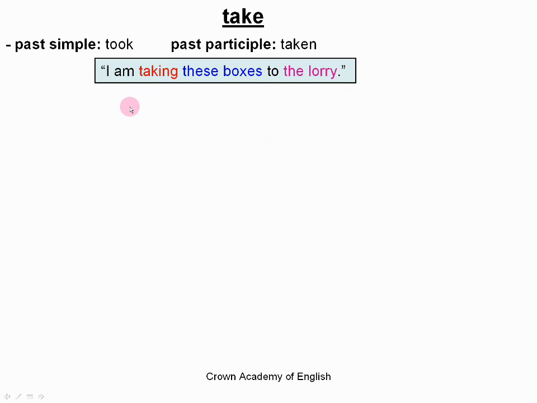Here is the example sentence: I am taking these boxes to the lorry. The structure is the verb take, then the object, then the word to, and then the indirect object, or the place. And we can see that here.